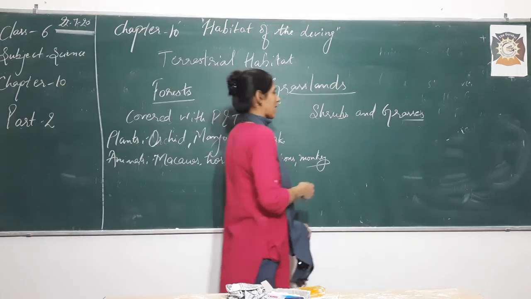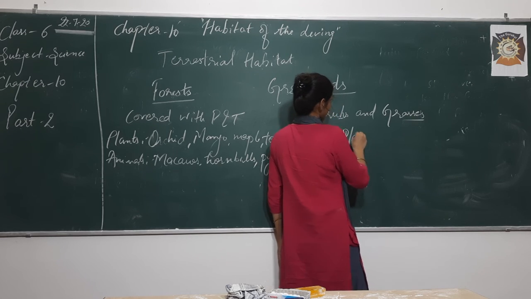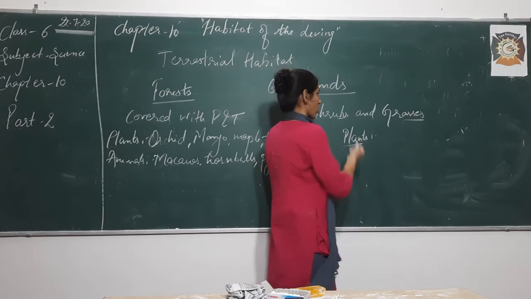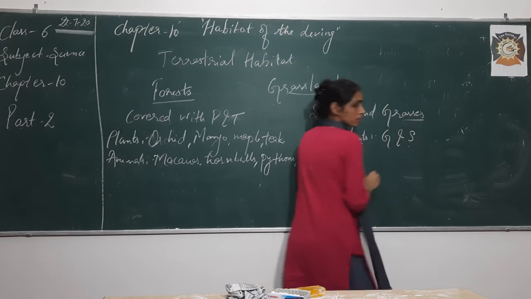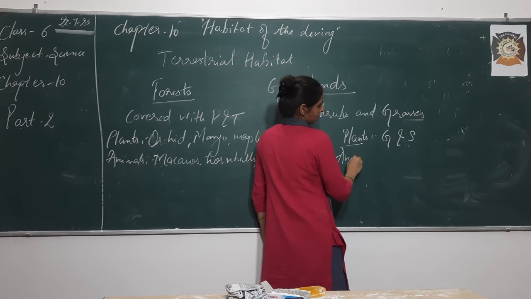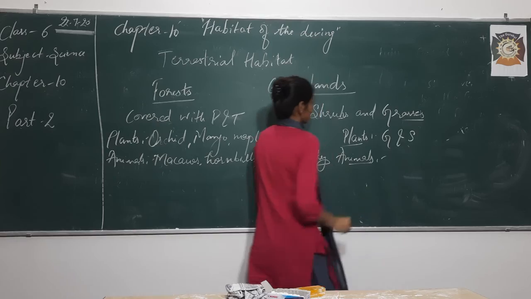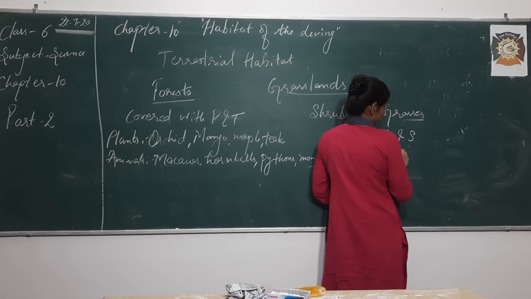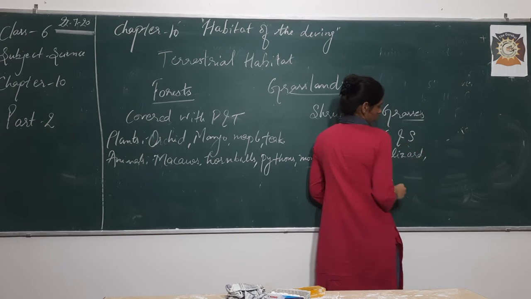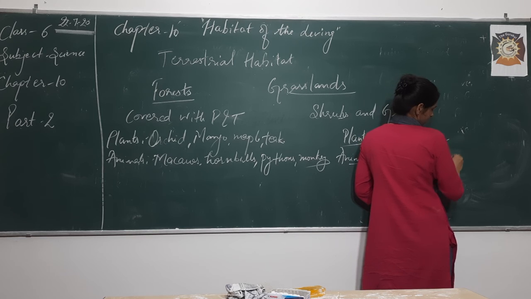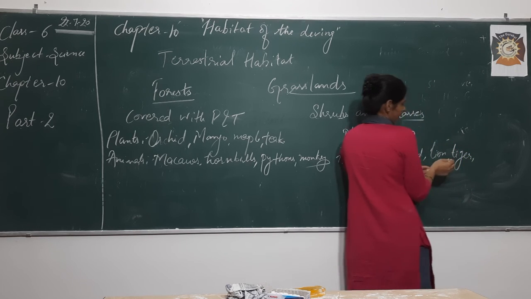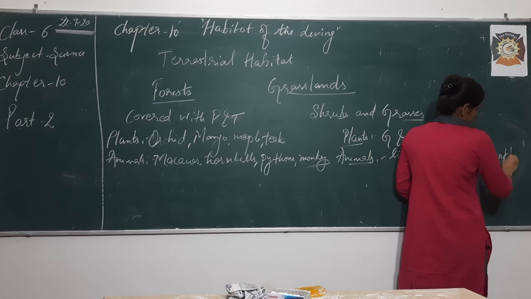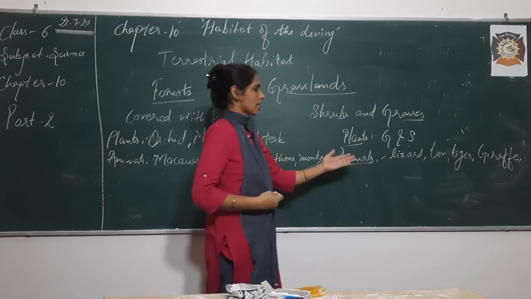The same we will write in case of grasslands. What kind of plants? I have already told you, that is grass and shrub. And if we talk about animals, animals living in grassland can be lizard, lion, tiger also, and giraffe, sloths, insects.